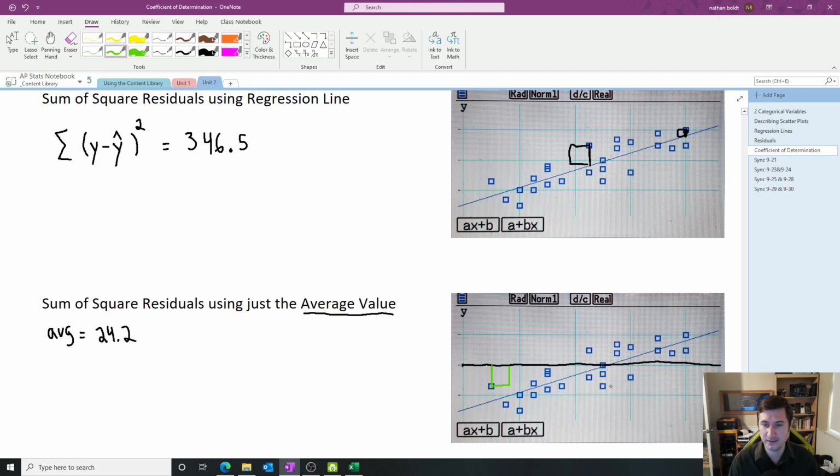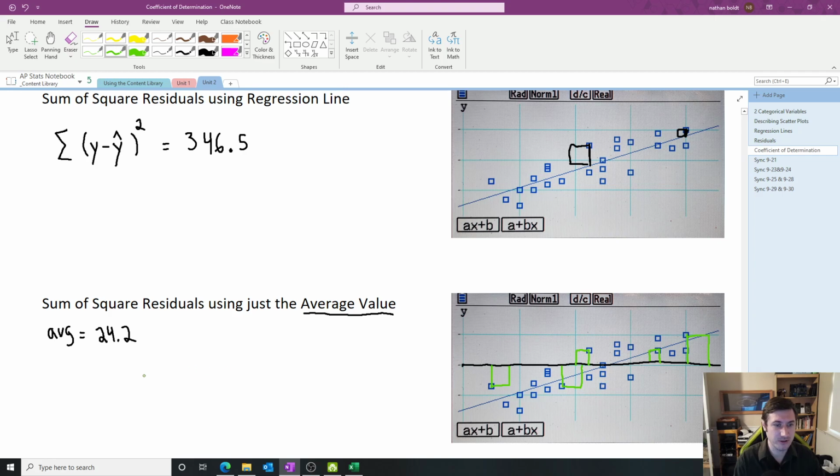Now, obviously, this is not as good a predictor as the regression line, right? The sum of these residuals is going to be much, much bigger. All of these squares are going to be much, much bigger, pretty much all the squares, than the regression line, okay? Just reporting the average is not nearly as good a predictor as our regression line, but we can still use it.